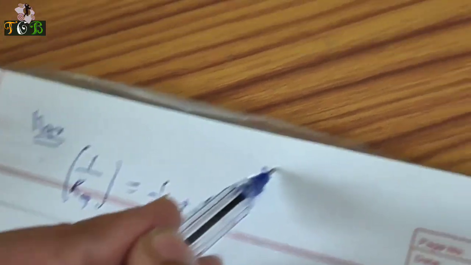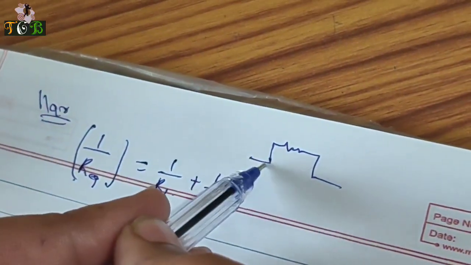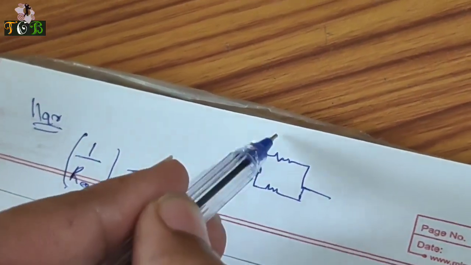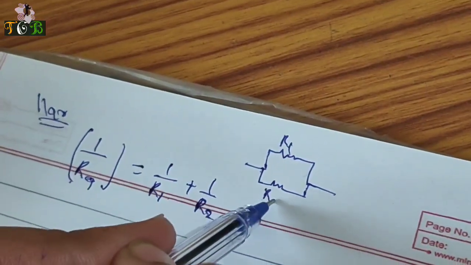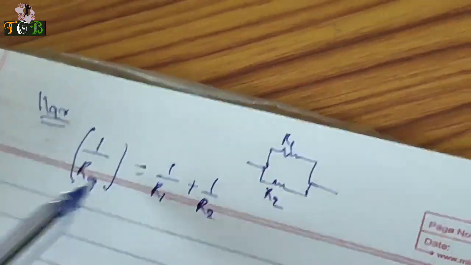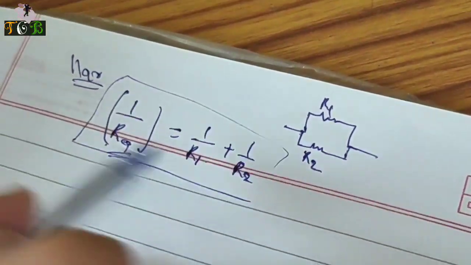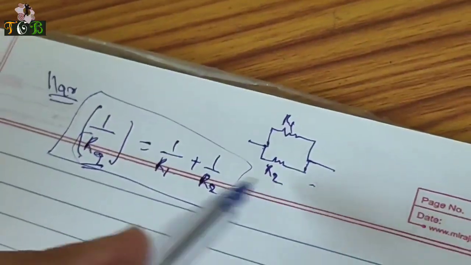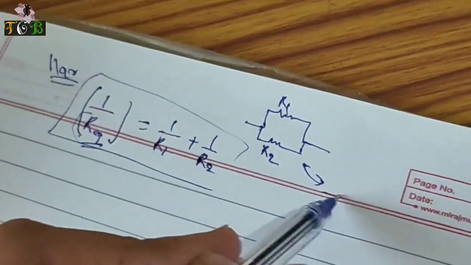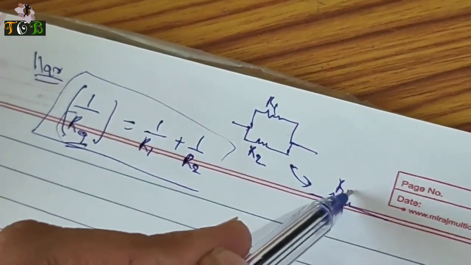Okay, I'm talking about something like this. For this case, if there are two resistances, one is R1 over here, one is R2 over here, for this case the R equivalent, you have to use this formula, and after this formula this thing will become something like this.